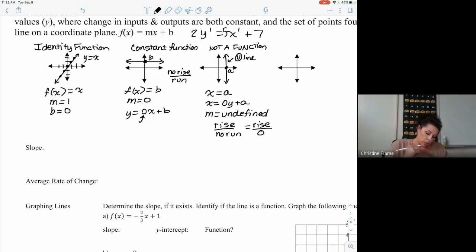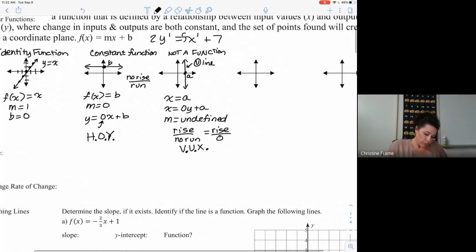Okay. So I think that you may remember these maybe from Algebra 1 or something, these two acronyms. Horizontal is a 0 slope, y equals. Vertical is an undefined slope and it's x equals. So if you needed those to remember that information, then there's that.